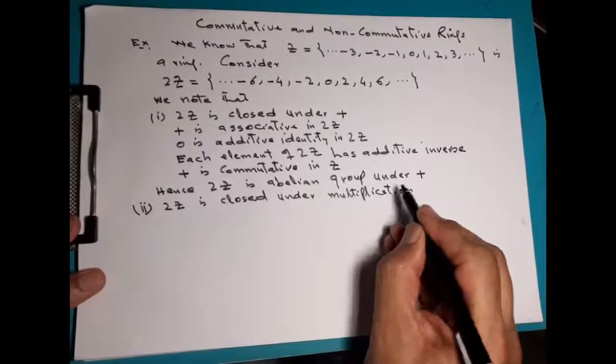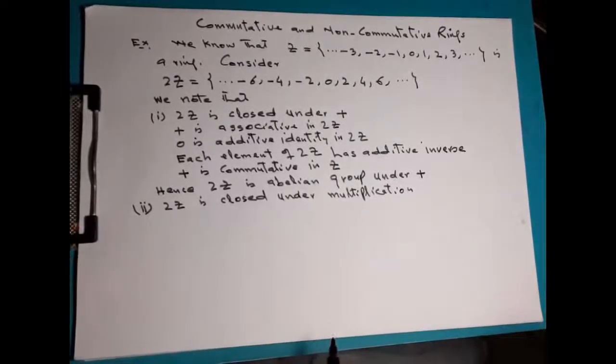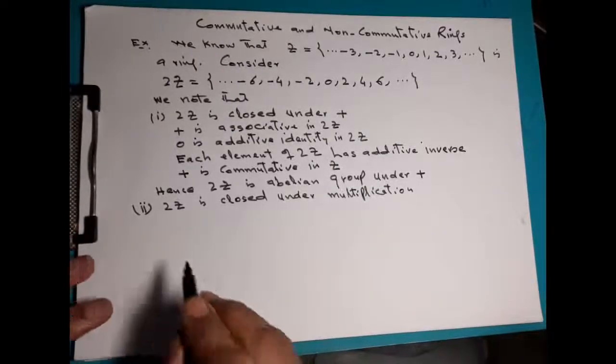And further, multiplication is associative in 2Z.